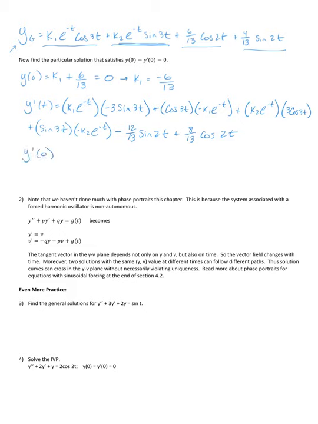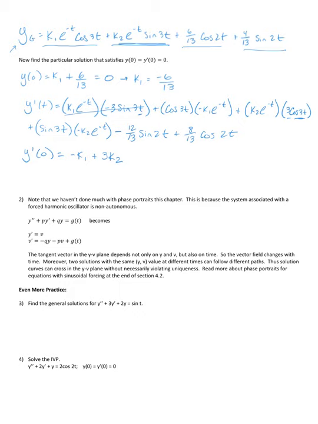Y prime of 0 means I'm going to put in a 0 for every single t I see. When I put in a 0 for this t, the sine of 0 is 0, which means this whole term goes away. In the next term, the cosine of 0 is 1, so this becomes negative k1 plus, next term, cosine of 0 is 1, 1 times 3 is 3, so I get 3k2 because e to the 0 is 1.